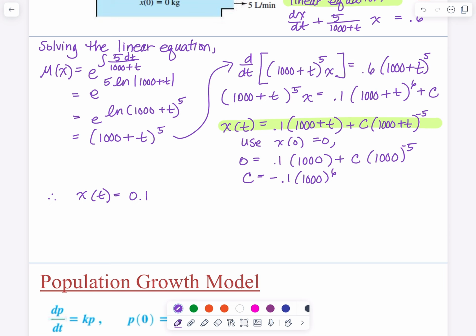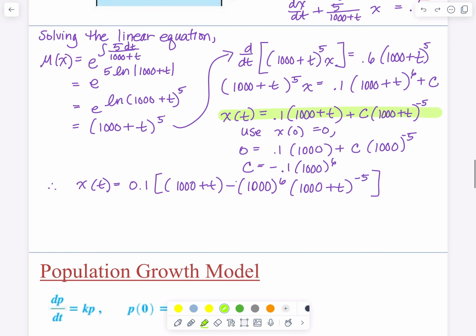So we have x(t) equal to 0.1 times 1,000 plus t minus 1,000 to the 6th power multiplied by 1,000 plus t to the negative 5th power. As you can see, we had factored out that 0.1.